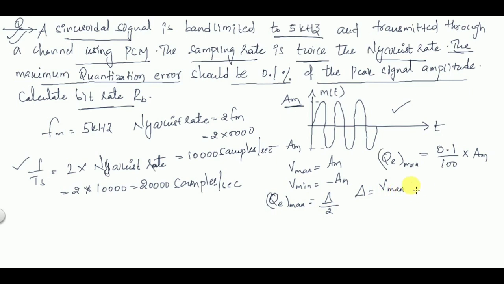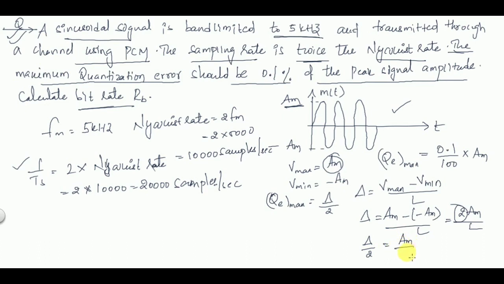Del is equal to Vmax minus Vmin divided by L. So del is equal to Vmax is AM and Vmin is minus AM, divided by L, so it is equal to 2 AM by L. Sending the 2 to this side, del by 2 is equal to AM by L. And del by 2 is QE max.